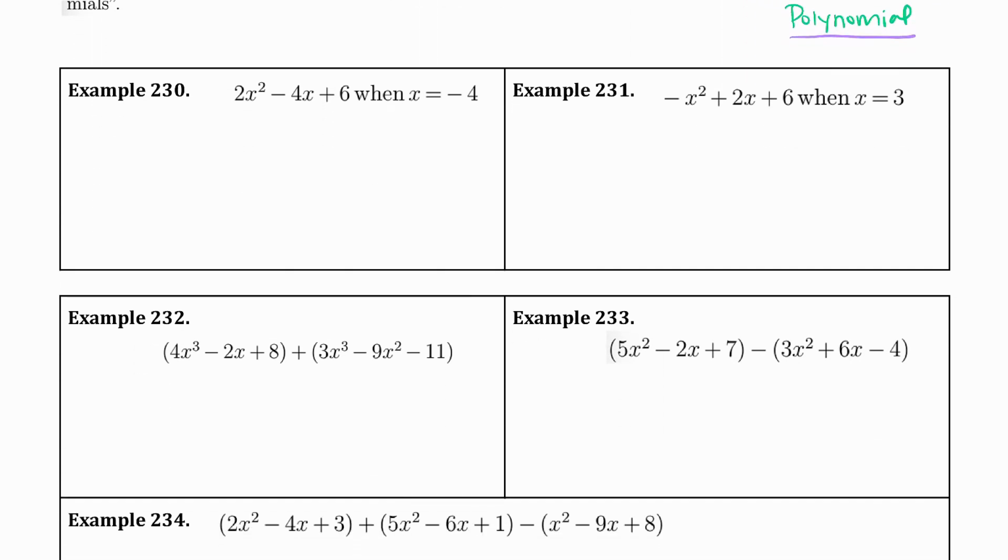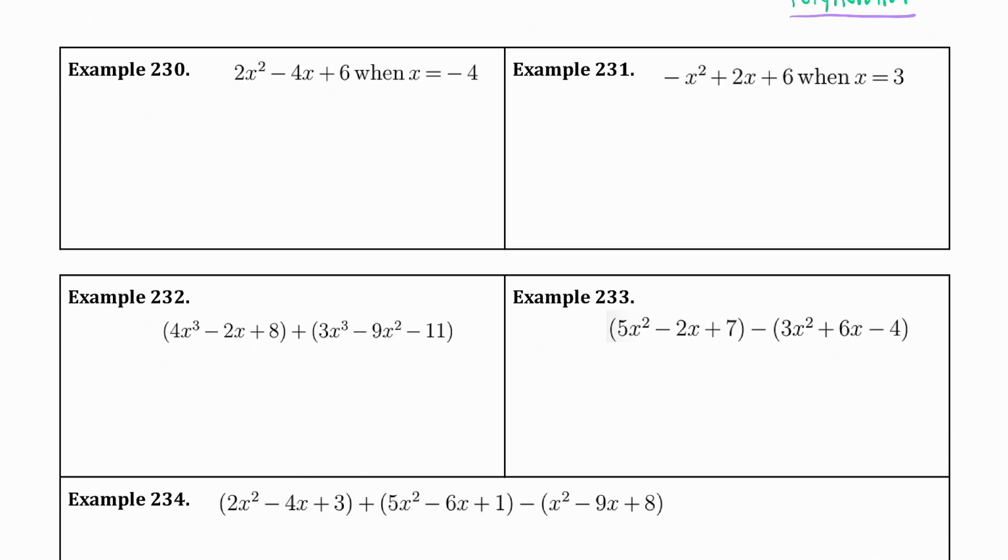So starting out today, here we have a polynomial, specifically a trinomial. And these first two we're going to evaluate. Remember, evaluate means to find the value. So we can only evaluate when we know what the value of the variables are.